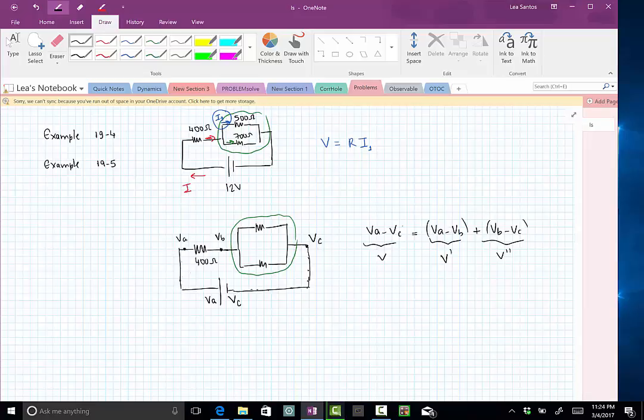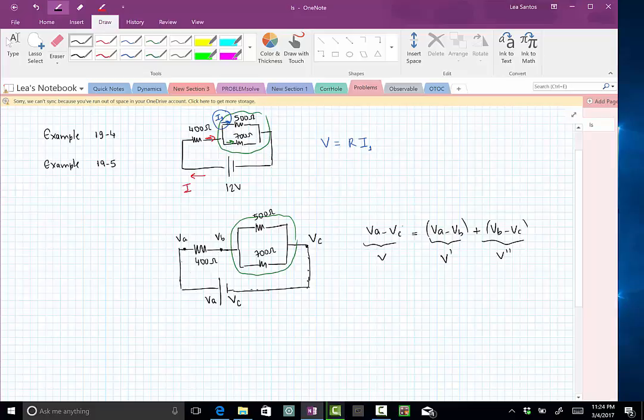What is important for us here is that the potential difference for this resistance 500 ohm is this VB minus VC. This is the same potential difference for the resistance 700 ohm. Remember that when we find two resistances in parallel, they are subjected to the same potential difference. What happens is the current splits, but the potential difference is the same.